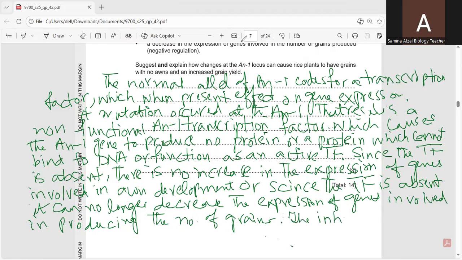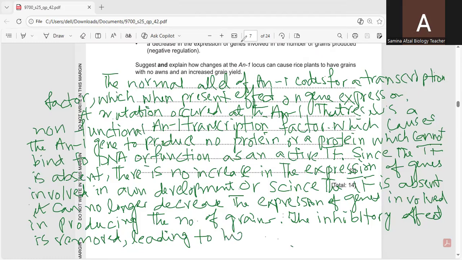The inhibitory effect is removed, leading to a higher expression of genes which give high yield.